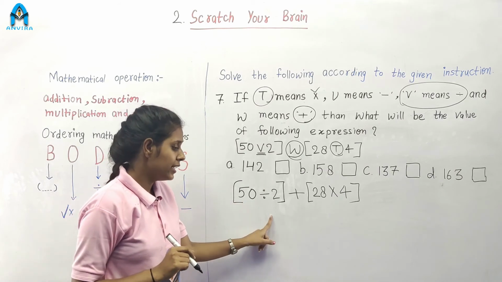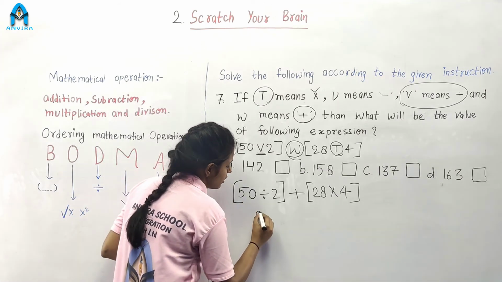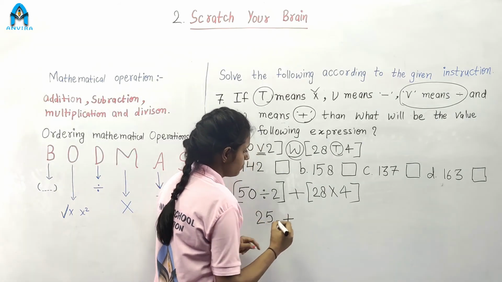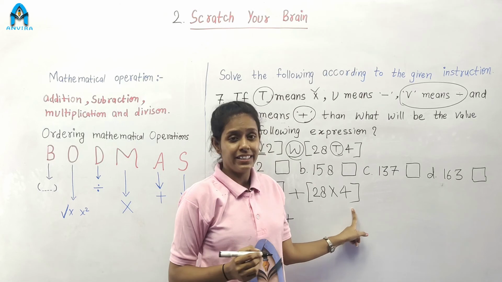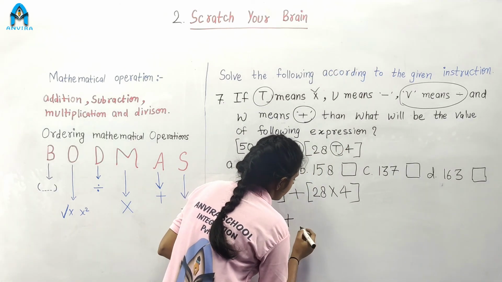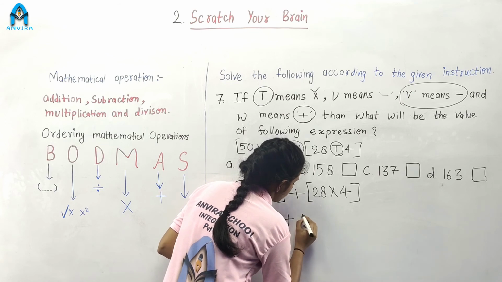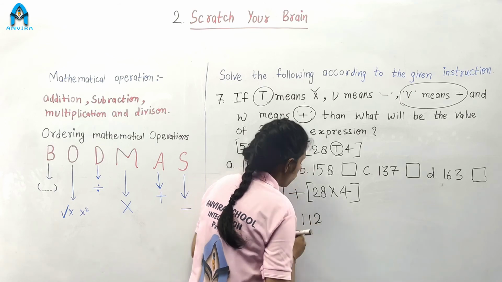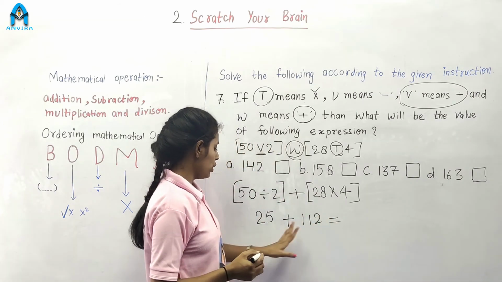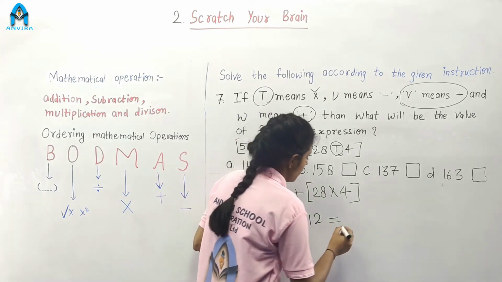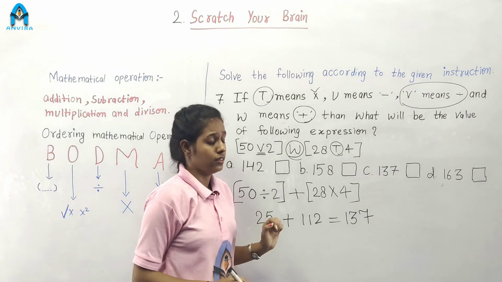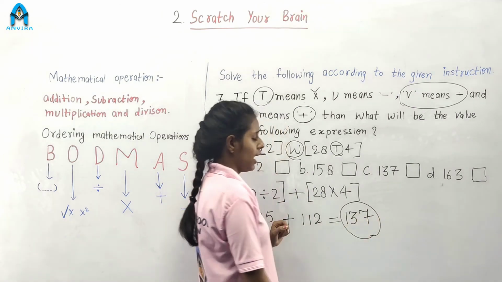So, 50 divided by 2 is 25. Addition, 28 multiplied by 4 is 112. Now, add 112 plus 25 is 137. This is our correct answer.